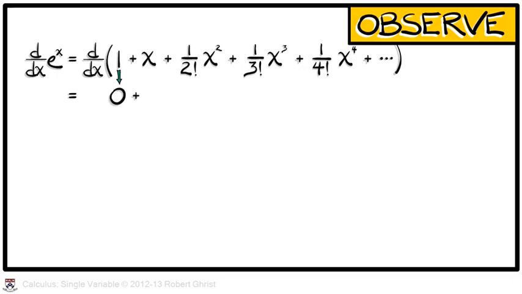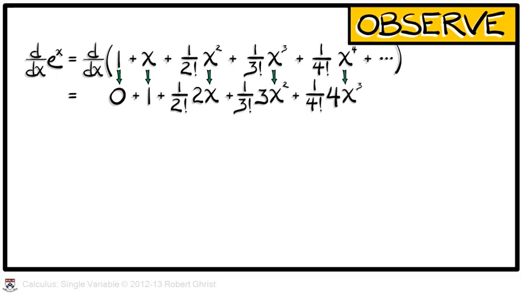Well, that's clearly 0. The derivative of x is clearly 1. What is the derivative of 1 over 2 factorial times x squared? Well, it's 1 over 2 factorial times the derivative of x squared, which is 2x. We can continue on down the line, taking the derivative of x cubed to be 3x squared, etc.